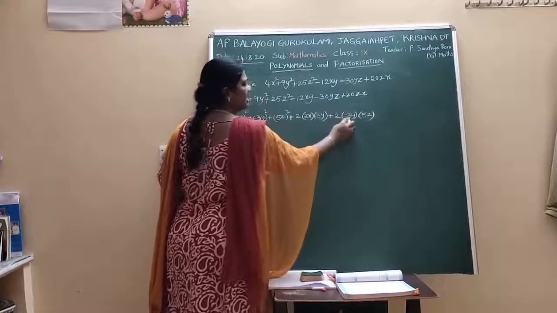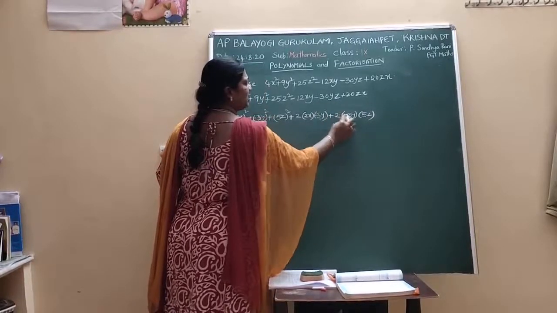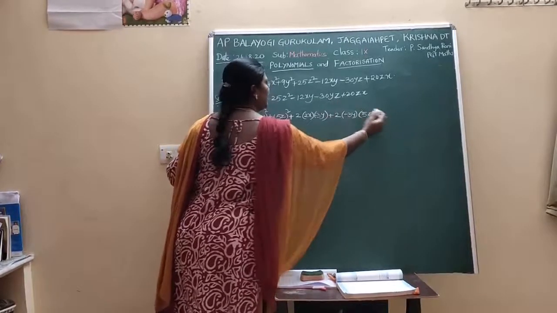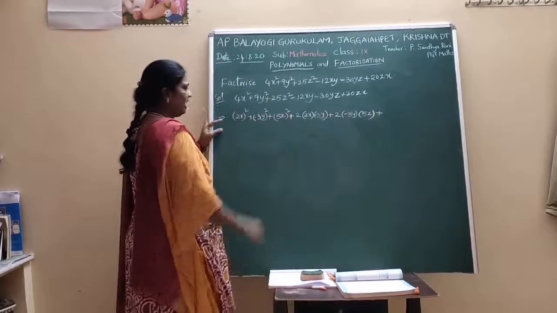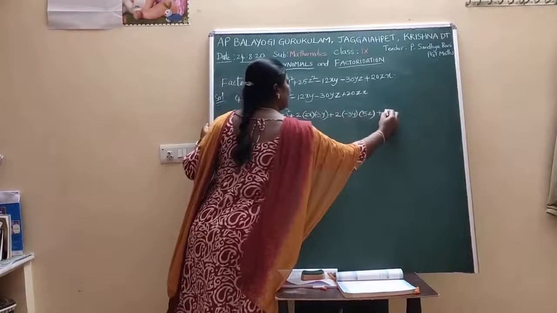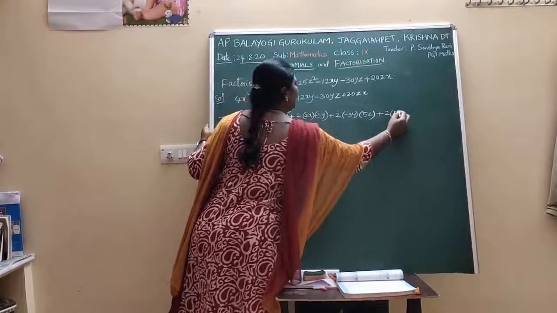See here, 2 3s are 6, 6 5s are 30, so plus into minus, minus 30yz, plus 20zx. That 20zx is 2 into 5z into x.